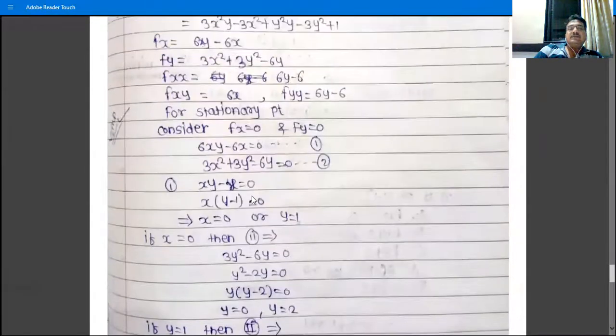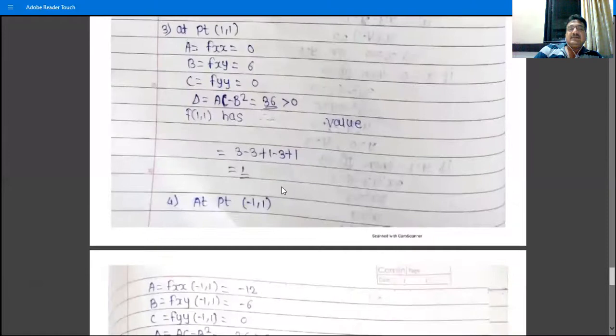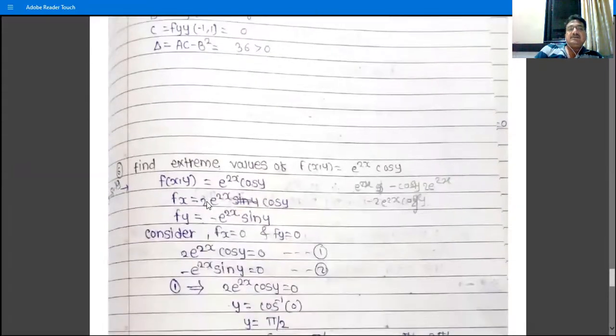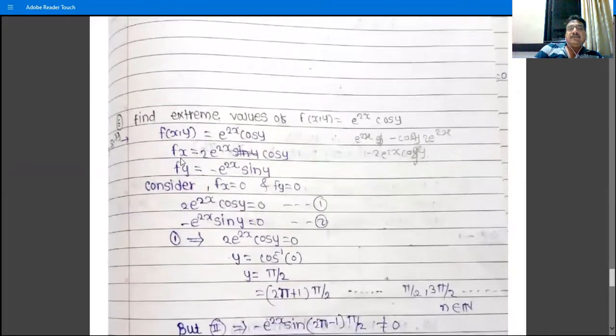And then at (minus 1, 1), the value of fyy: substitute x as minus 1, which gives 0. These answers are correct. And so minus 36 is less than 0, and therefore this (minus 1, 1) is a saddle point.